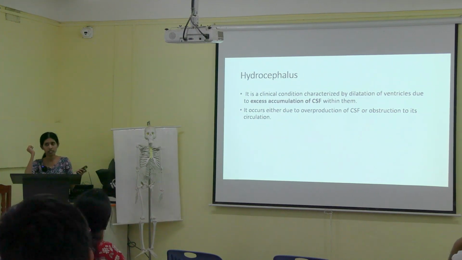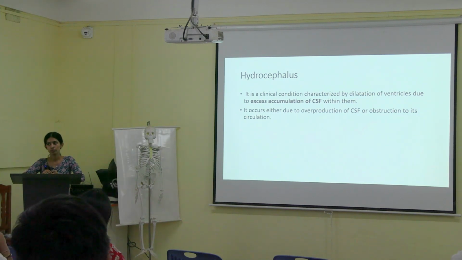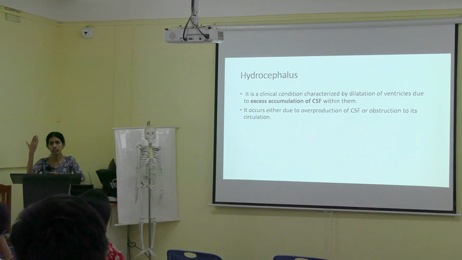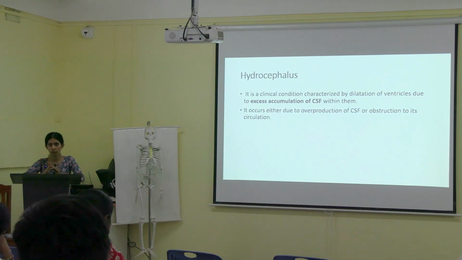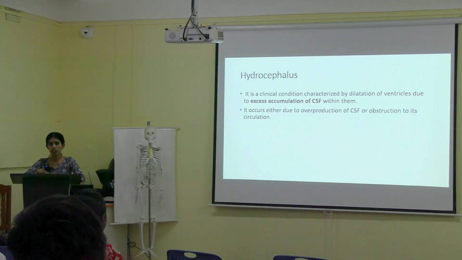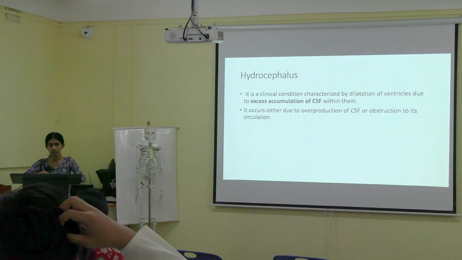But how does the excess accumulation or production of CSF take place? Whatever CSF is produced in your lateral ventricle will flow from the lateral ventricle to the central canal, and later it has to enter your subarachnoid space also. So how is the overproduction of CSF taking place? What is the reason behind it? Obstruction.